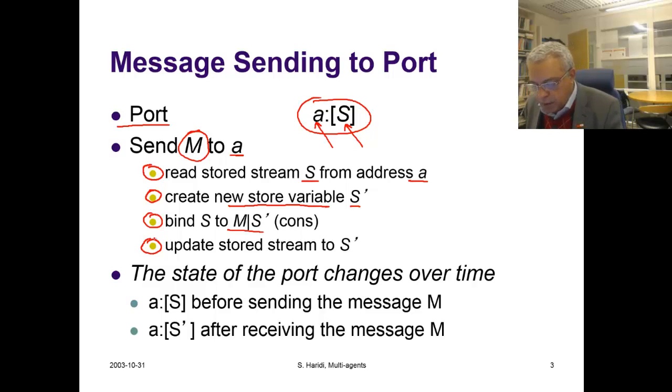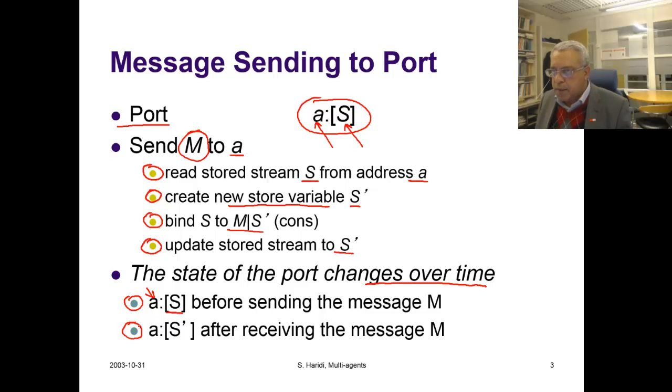So A now will be associated with S prime. The state of the port changes over time. Initially, the name is associated with the stream S before sending the message. After sending the message, the name is associated with the stream S prime.